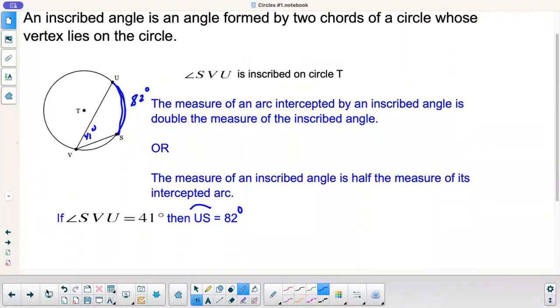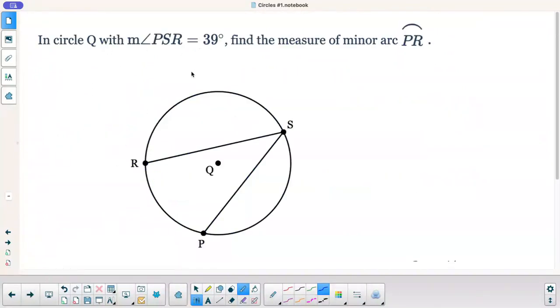Okay, so let's apply this. If the measure of angle PSR is 39 degrees, find the measure of arc PR. Well, I have to double that, so I get 78 degrees. Not the length, this is the measure of this angle. I would need the radius to find the length.